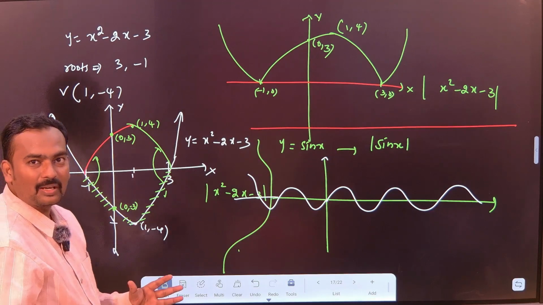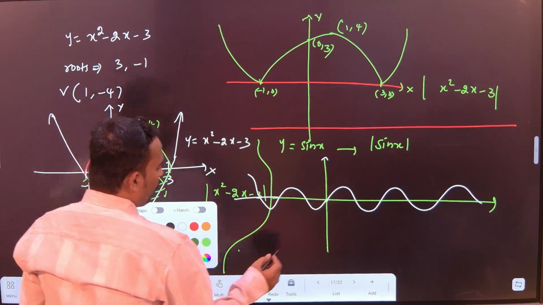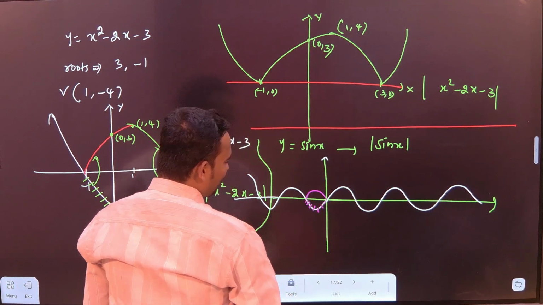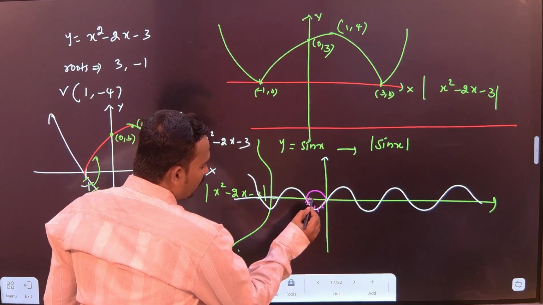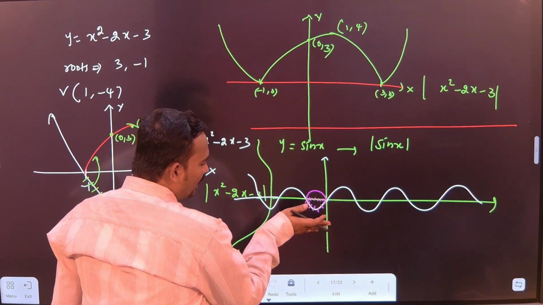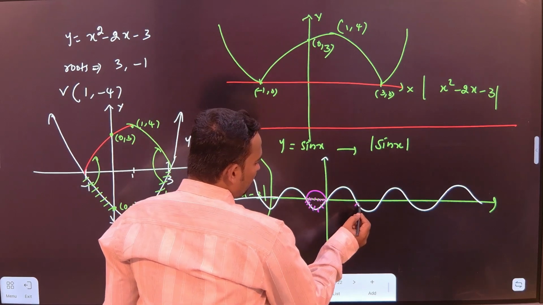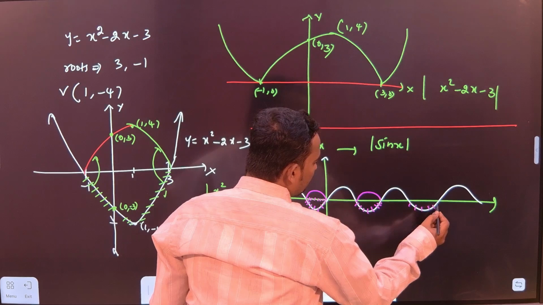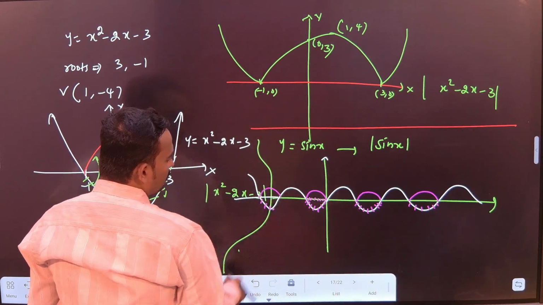How to find the mod sin x graph? Very simple here. Whatever is below the x axis, you have to shift it up, that's it. Understand? This is a mirror. Whatever is below the x axis, take the image of that with respect to the x axis. Here only the positive portion is there, here below the x axis you take this one, and here below the x axis take this one.